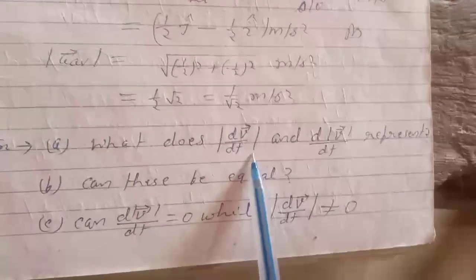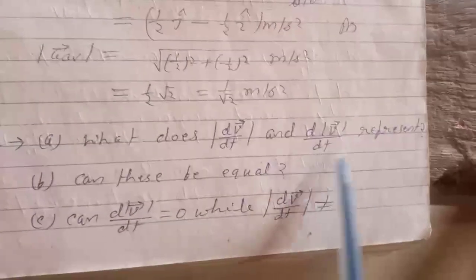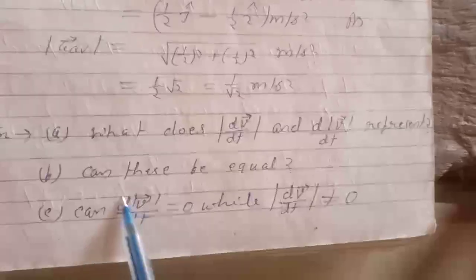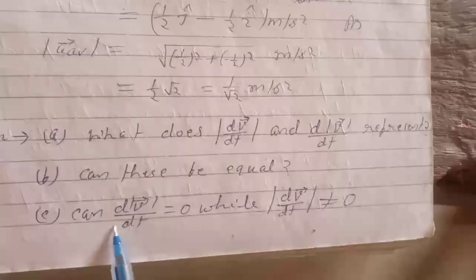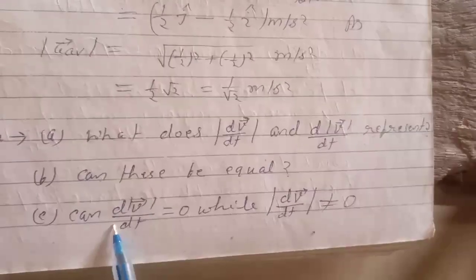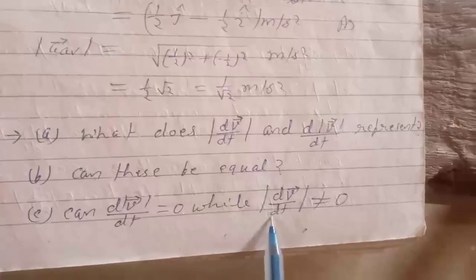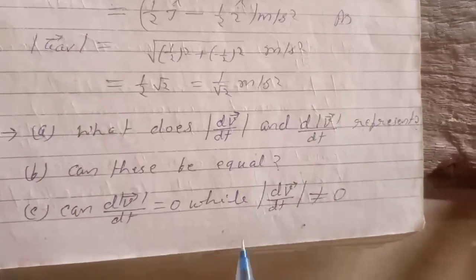Question: what do mode of dv by dt and d by dt of mode of v represent? Can these be equal? Options: A, mode of v d by dt equals 0, while mode of dv by dt is not equal to 0.